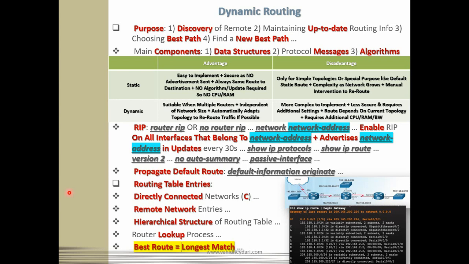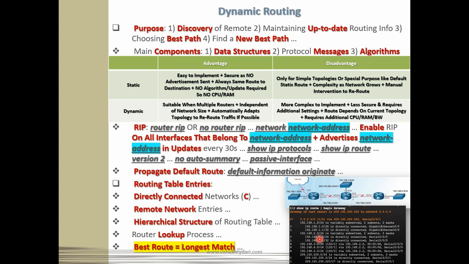Now, if you refer to the example that we have here, we don't have any supernet route to show, so we don't have any summary address with the subnet mask less than the classful mask, but we have network routes whereby the mask is equal to that of the classful mask.